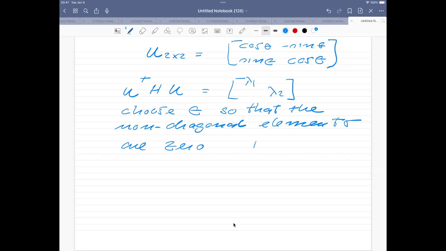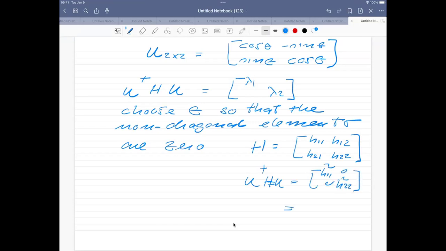So your original matrix could be something like this. It could be an H11, an H12, an H21, and an H22. When you perform this rotation, U† H U, this gives you an H11 tilde and an H22 tilde and 0, which are then the eigenvalues, lambda 1 and lambda 2.